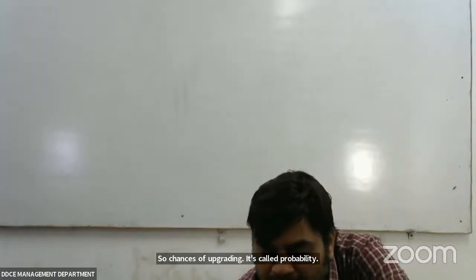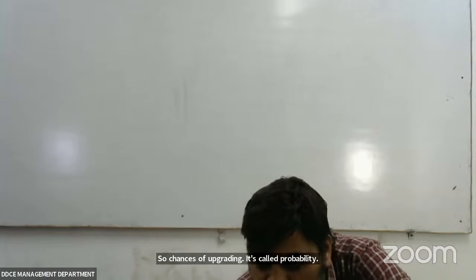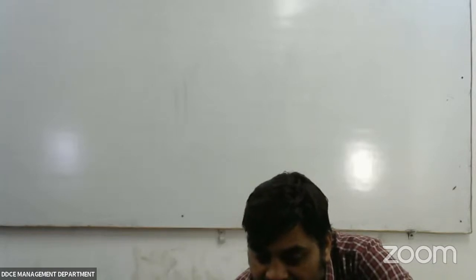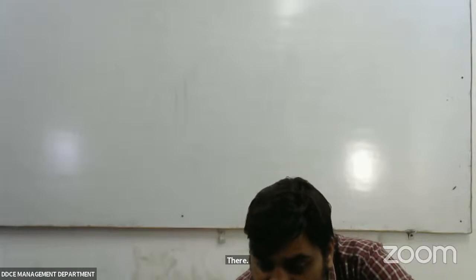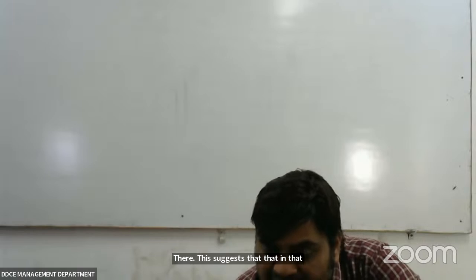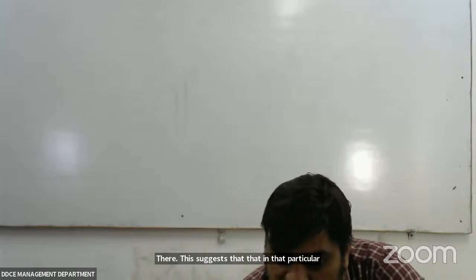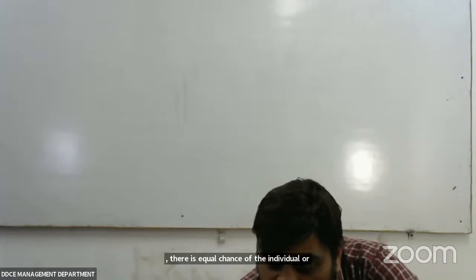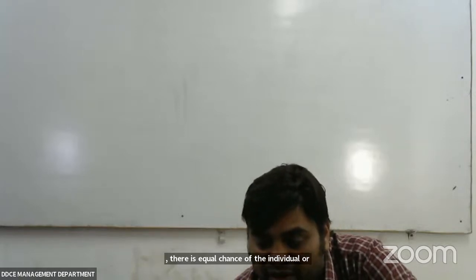Whatever sampling design we design for our data collection, this suggests that in that particular sample there is an equal chance for the individual or respondent; everybody has an equal chance to be considered. Are you getting my point?